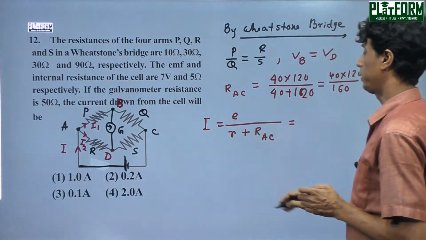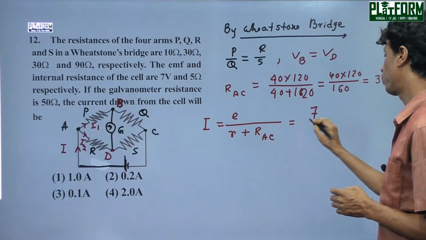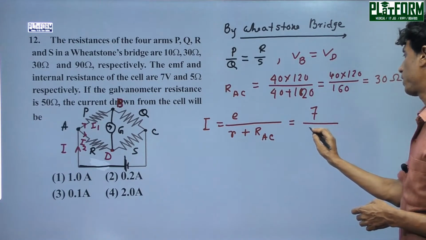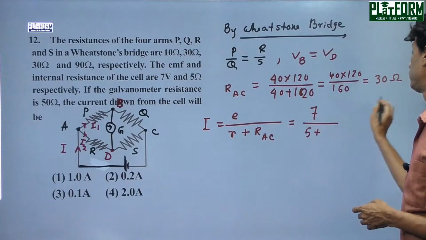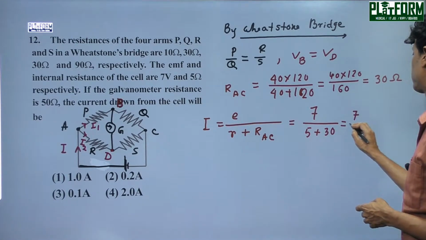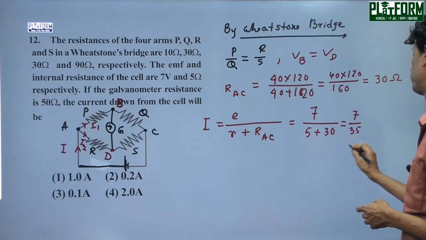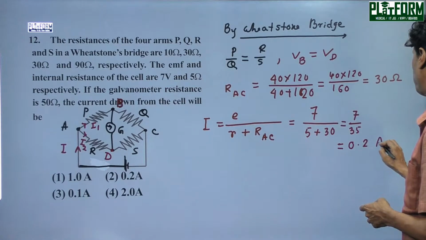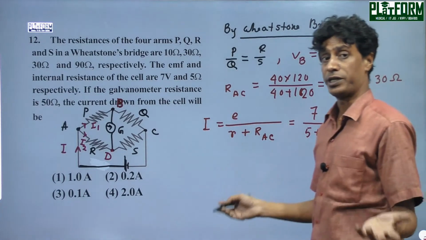Here the EMF of the cell is given 7 volt and the internal resistance is 5 ohm and the external resistance is 30. We can say 7 by 35. So the circuit current is 0.2 ampere. So the correct option here is 2.